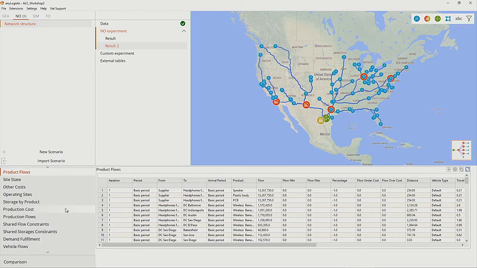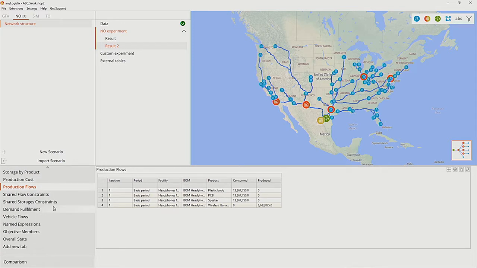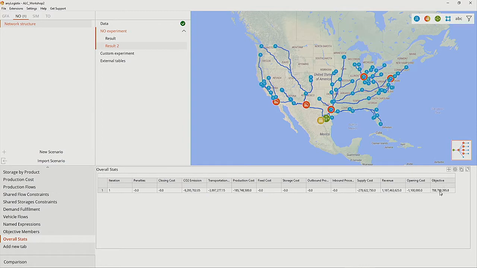We can also understand how much we should produce and how many raw materials we will consume, and a lot of other statistics and all the objective members as well, summarized to objective value.